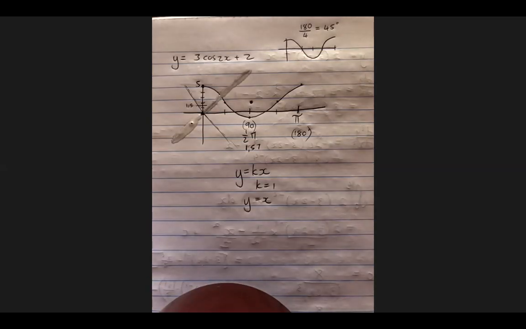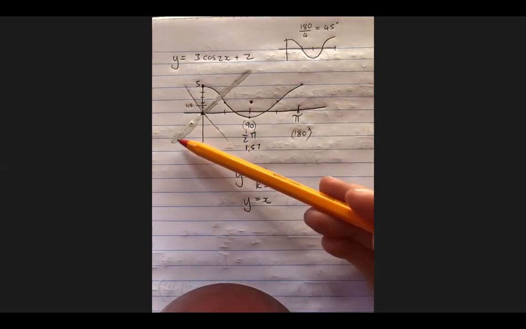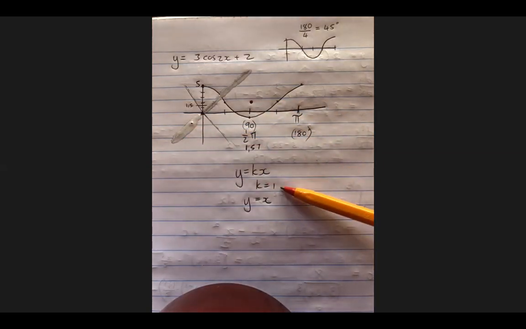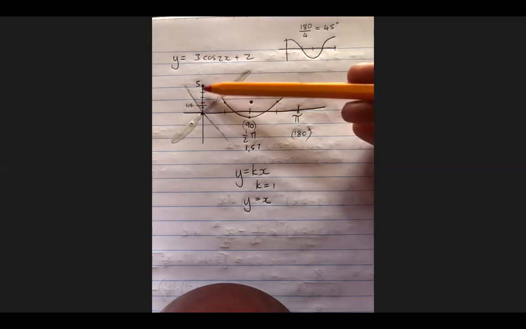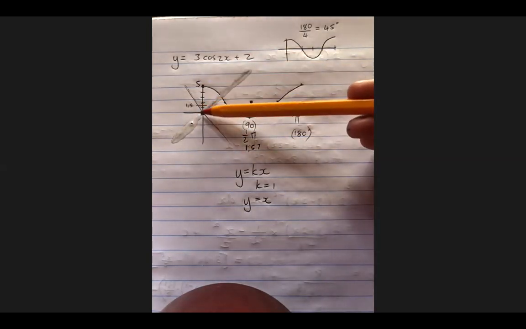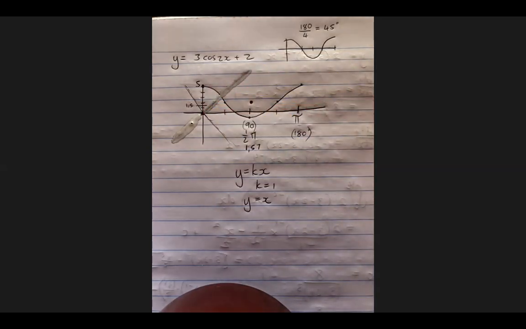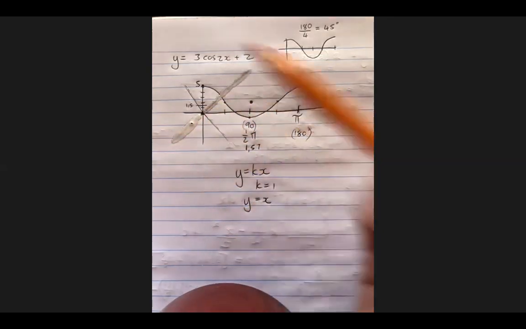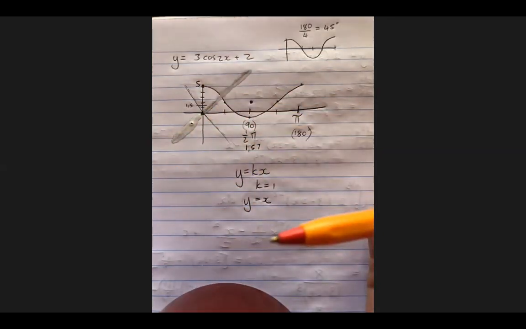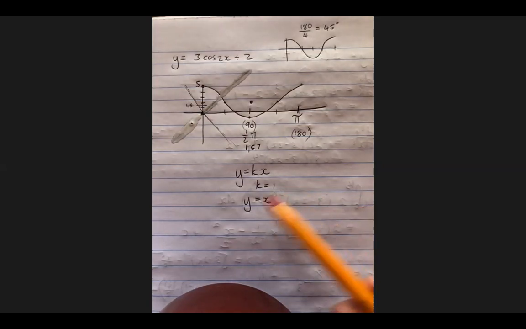So I messed that one up a little bit. If you have a look at when k is equal to 1, for some reason I thought, obviously my scale is not the same for both axes. Here I'm counting 1, 2, 3, 4, 5, and here I'm counting in quarter pies. So for this line, y is equal to x, you can't just assume it's going to run there with a 45-degree angle. You have to find a coordinate where x and y are equal.